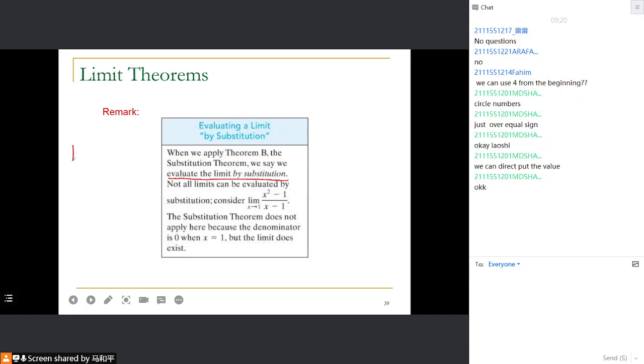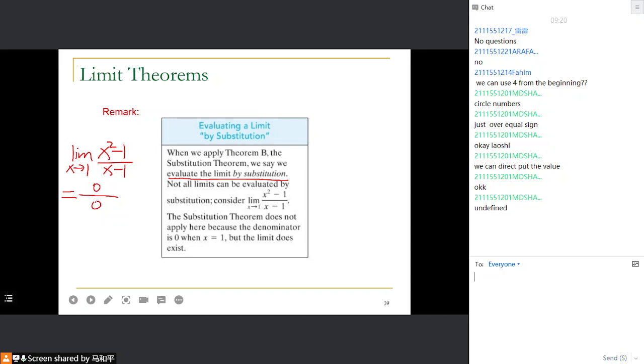We consider this one. Can we do it by substitution? If we substitute 1 for x, this is 0 over 0. This is not defined, right?